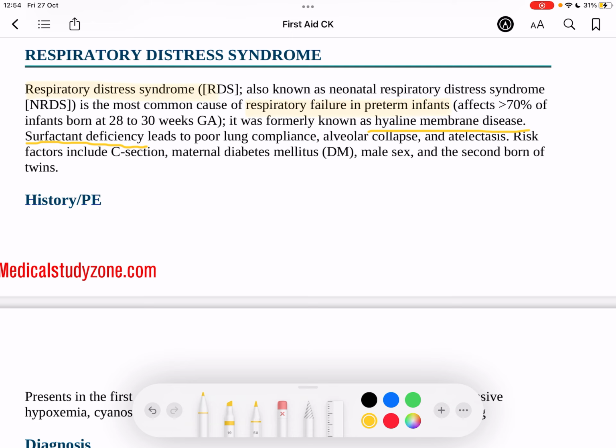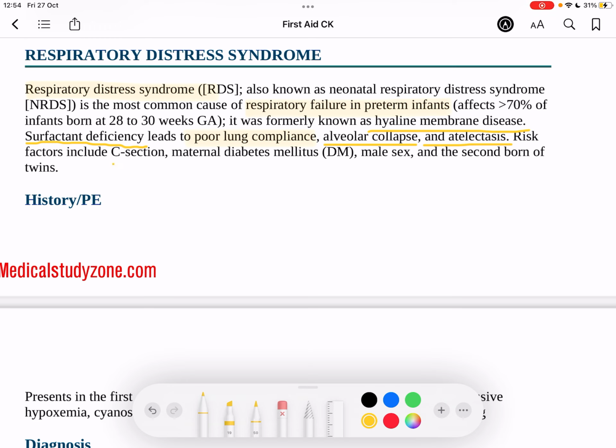So if you're born premature, the ratio of sphingomyelin to lecithin is not correct to make a good quality surfactant. This poor quality surfactant will cause poor lung compliance. The alveoli, as a result, collapse, and that causes diffuse atelectasis, okay? Collapse of the alveoli and of the airway.